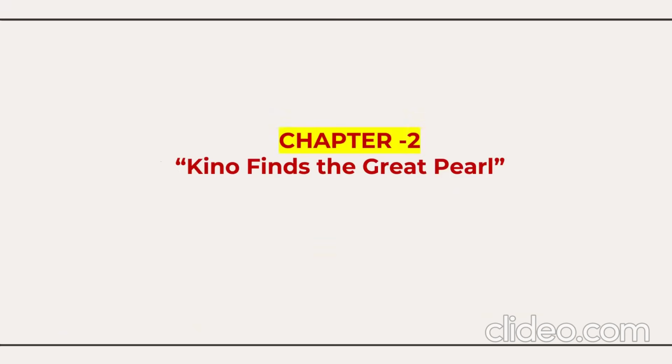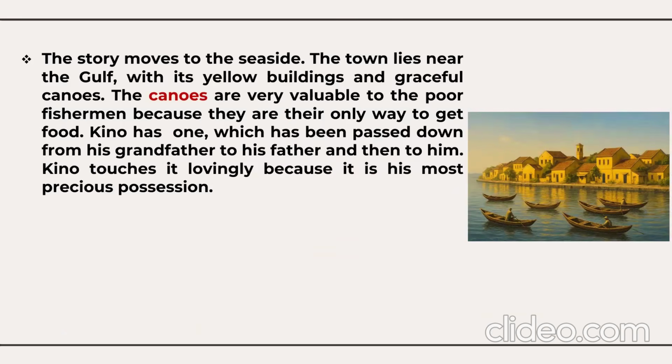Now chapter number 2. Kino finds a great pearl, because he has to bribe the doctor, otherwise the doctor will not help. The story now moves to the seaside. The town where Kino and Joanna live lies near the Gulf with its yellow buildings and graceful canoes.